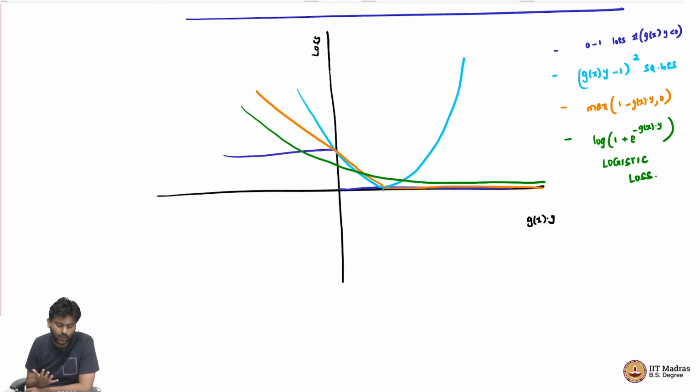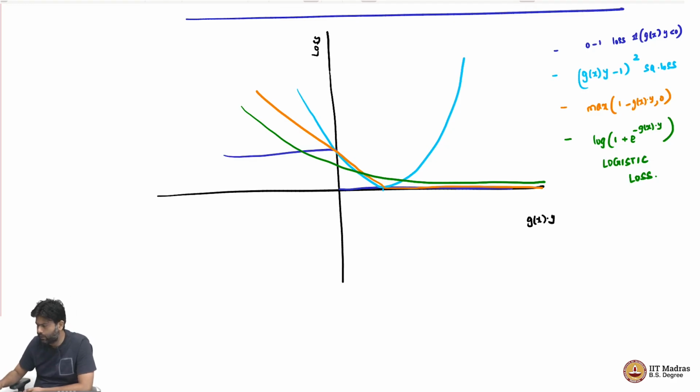Different algorithms use different convex surrogates to minimize instead of the 0 1 loss, and depending on how good the surrogate is in representing the original 0 1 loss, we get different performances and so on.